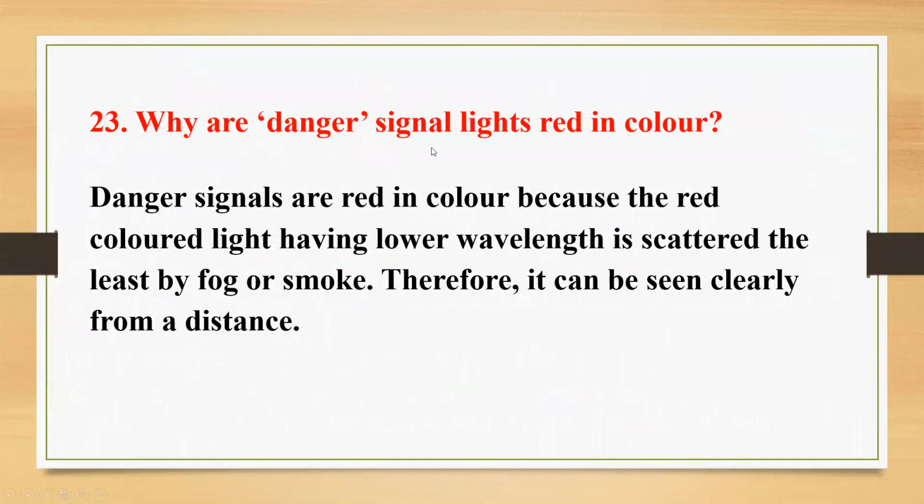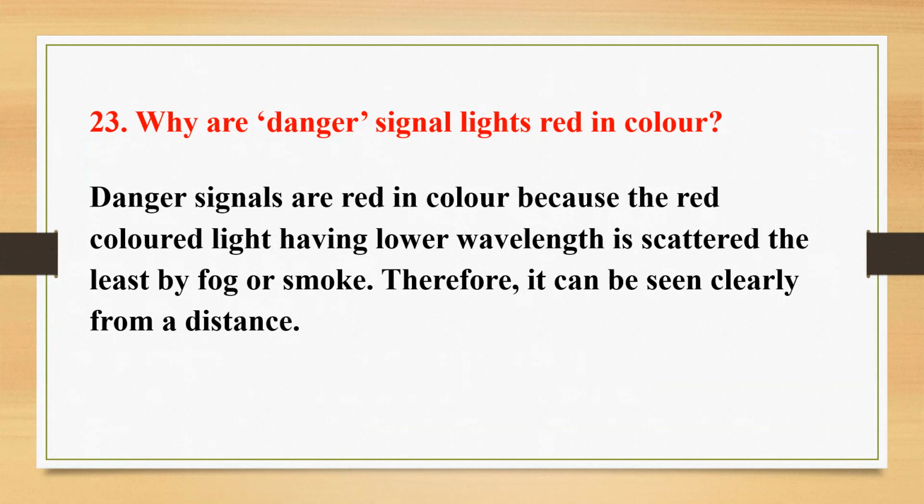Why are danger signal lights red in color? Danger signals are red in color because the red colored light, having a longer wavelength, is scattered the least by fog or smoke. Therefore, it can be seen clearly from a distance. You know that blue light and red light both will be there, but red light is scattered very little by the atmospheric particles we have, no?